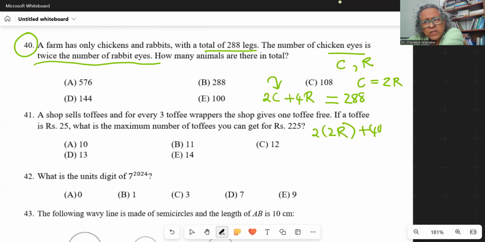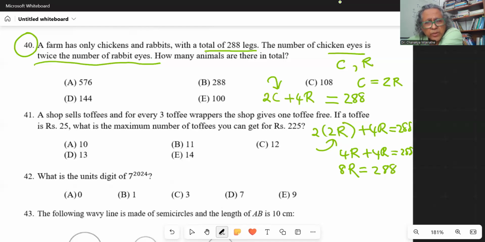And then this is 288. So that means this is like 4 times the number of rabbits. 4R, right? 4R is 288, and that means 8 times the number of rabbits is 288.